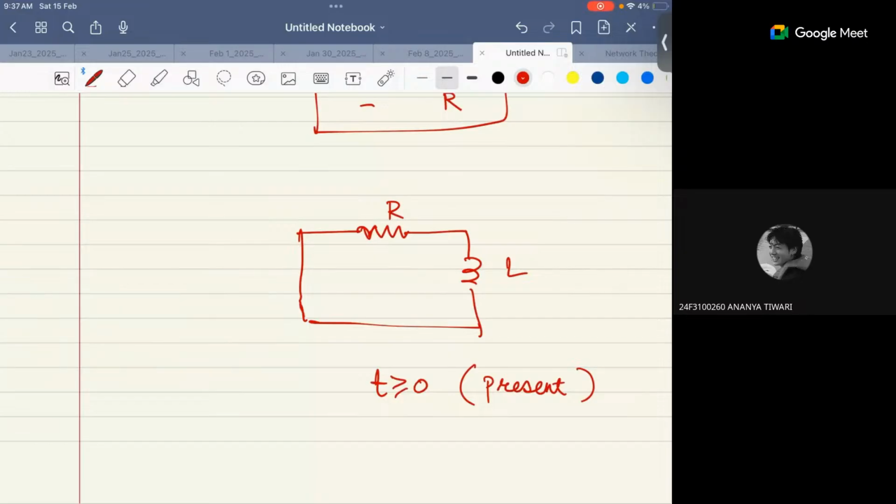You can use any method here, maybe the differential method, or any method you want.